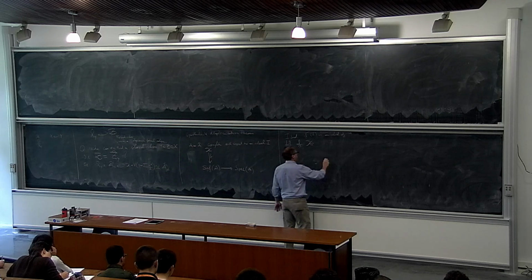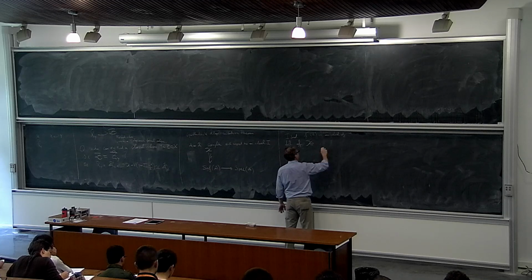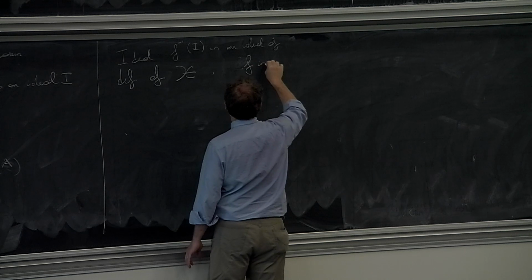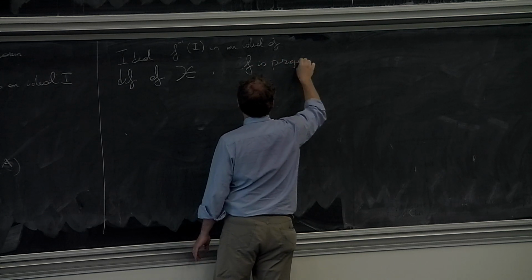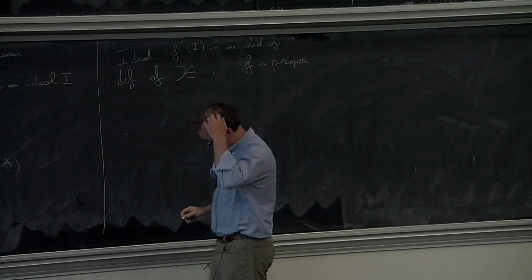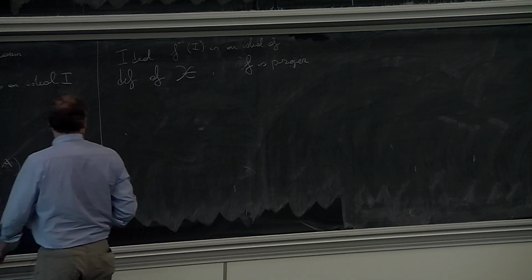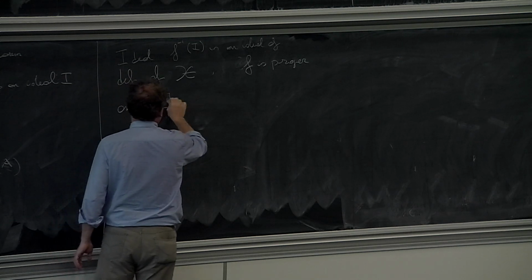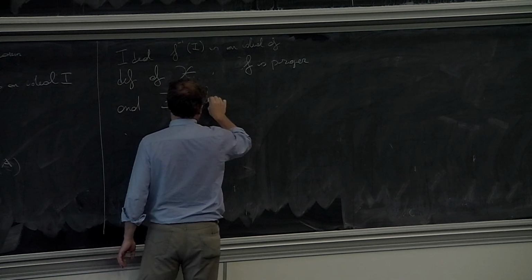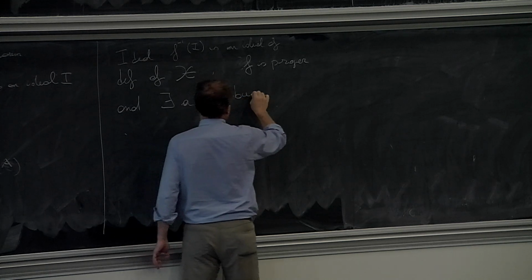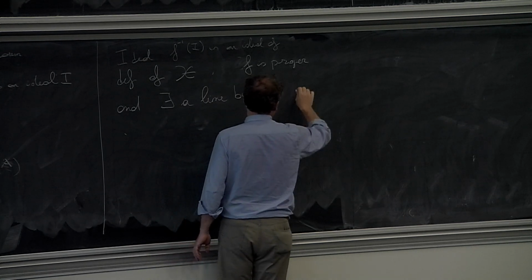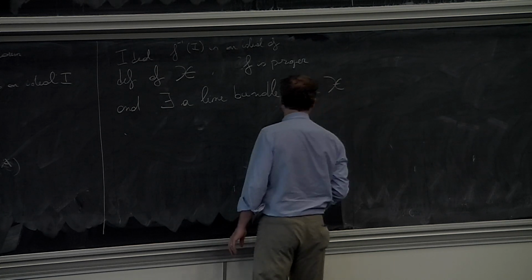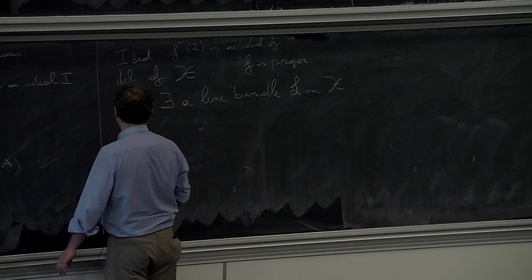So in particular, I suppose that the morphism f is proper. And there exists a line bundle L on X with the property.